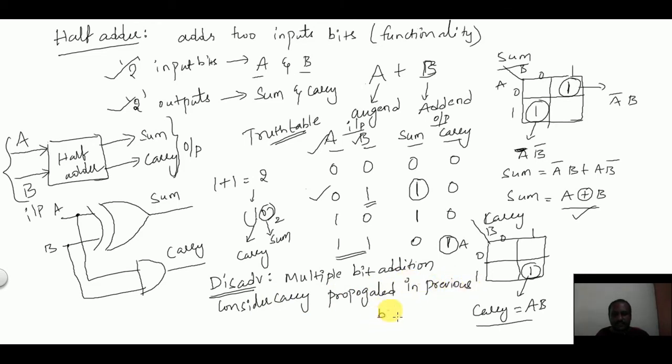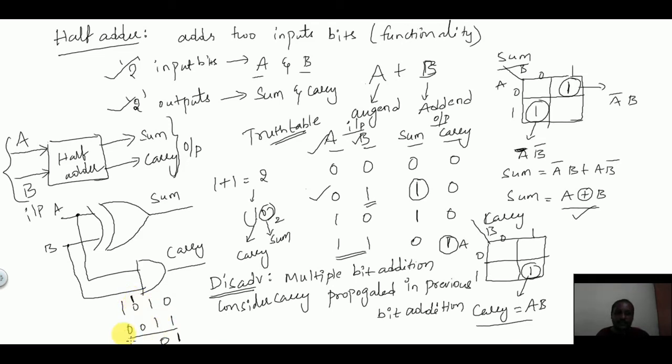For example, take 1010 and add 0011. If you add 0 and 1, you'll get 1. Then 1 plus 1 is 0 and carry is propagated here.